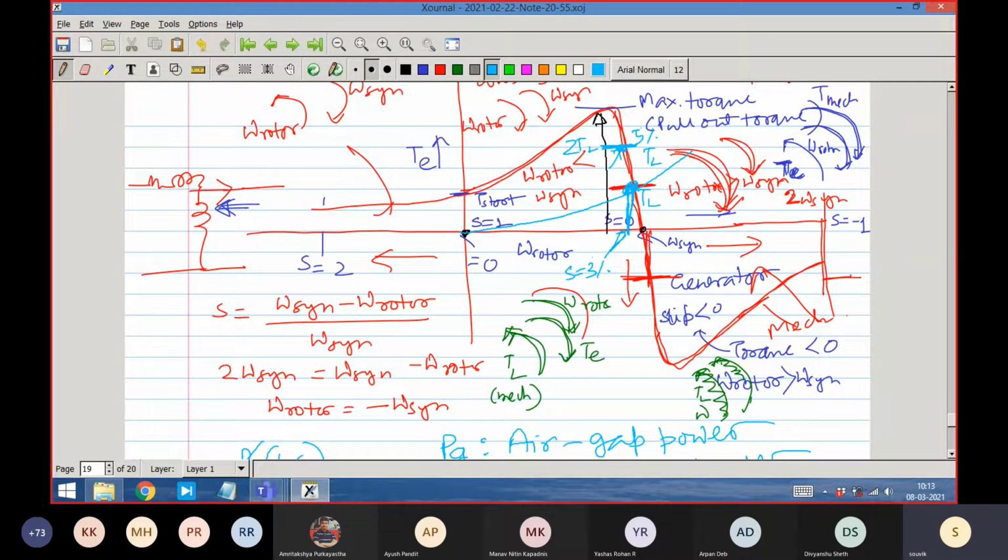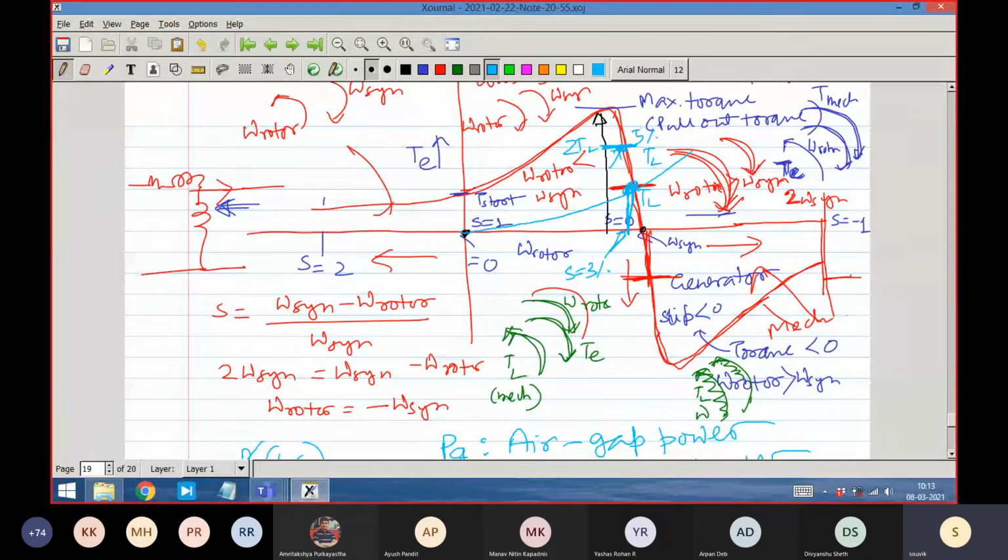So input power can be thought of as T load, T electromagnetic, T rated torque times omega sync, whereas the output power can be thought of as rated torque times (1 minus S) omega sync, that is the rotor speed, right?